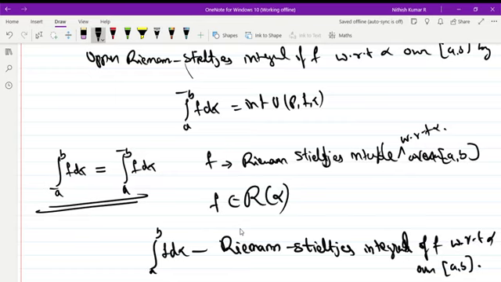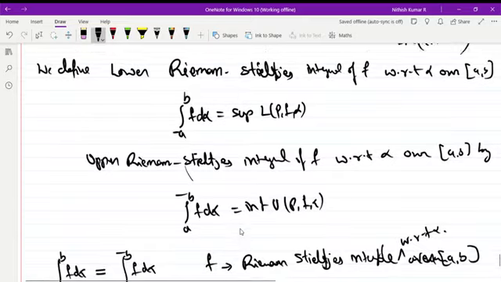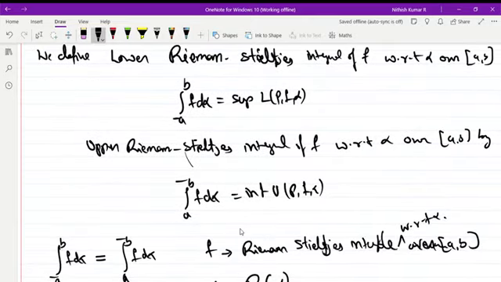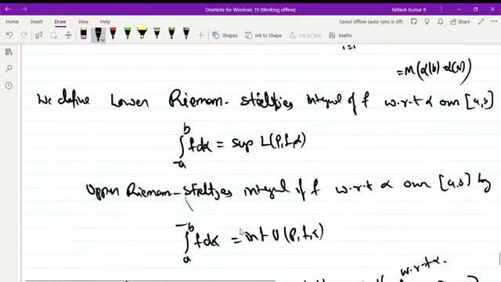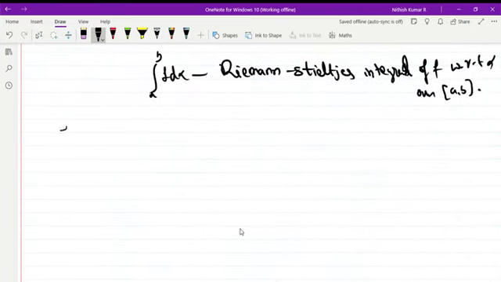Okay. Now if you observe, what is the geometrical interpretation of introducing alpha? Alpha is a monotonically increasing function.